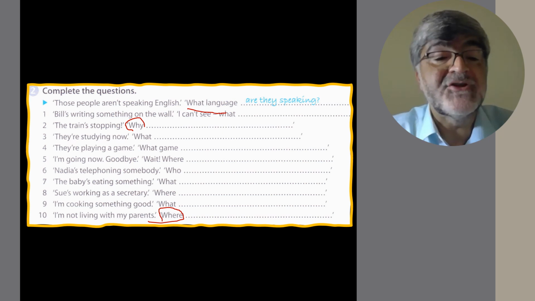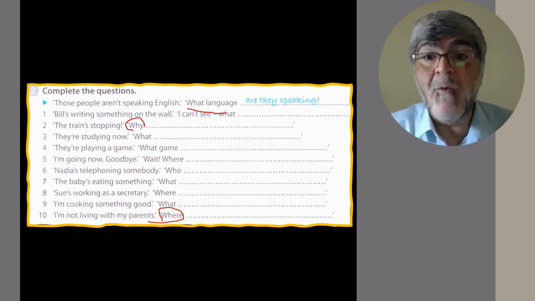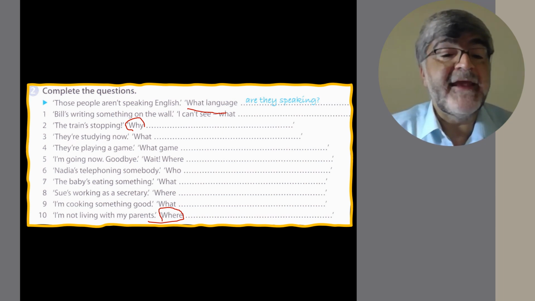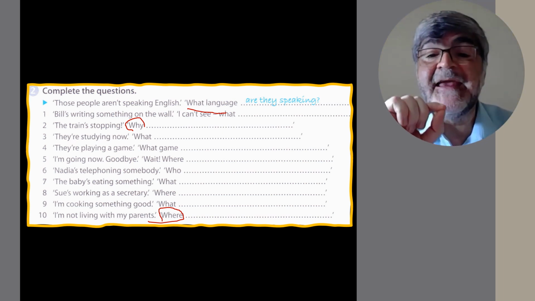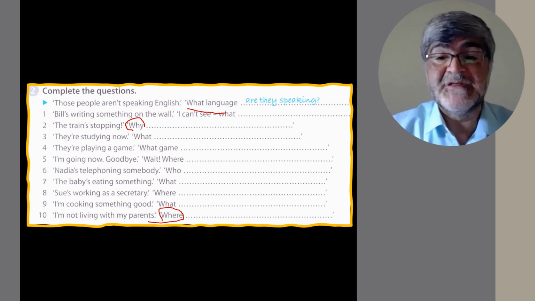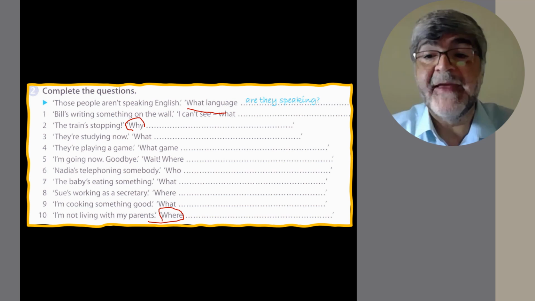You can check the meaning of these words if you don't know them. For example, why is for asking about reasons. The train is stopping. Then we want to know why. We say, why is the train stopping? You see, we use is before the subject.